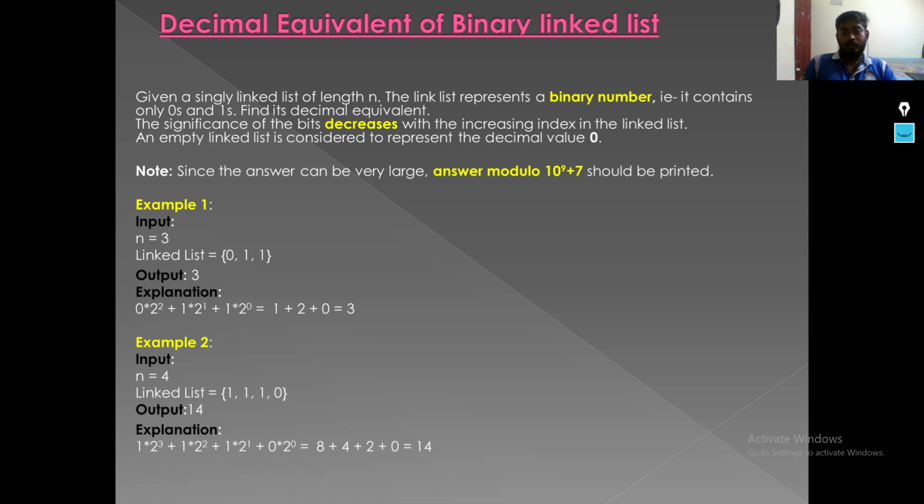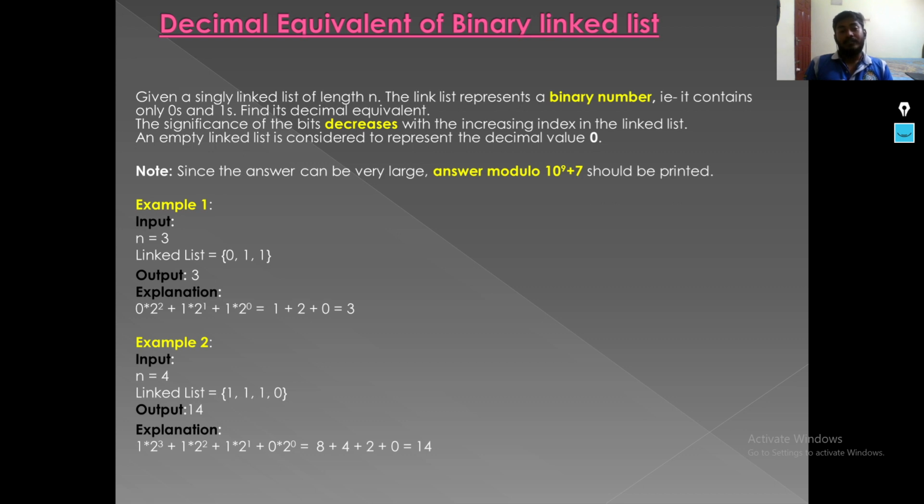We have to find what is the equivalent integer for the particular binary number, and also we have to notice if the linked list doesn't contain any value, it should be written as a zero. That is one of the constraints we are having.